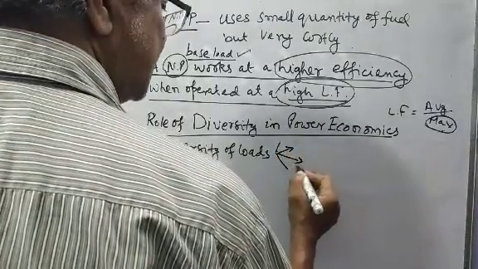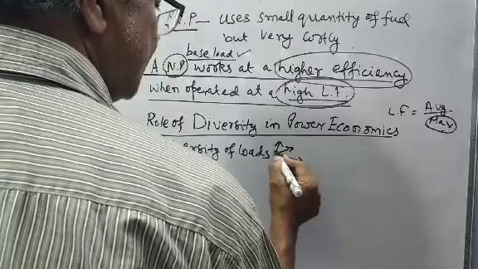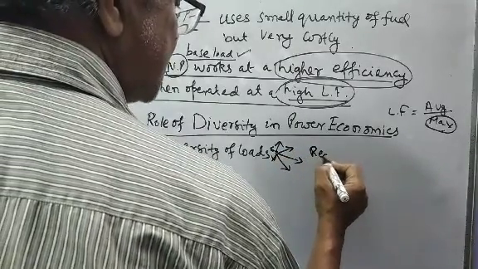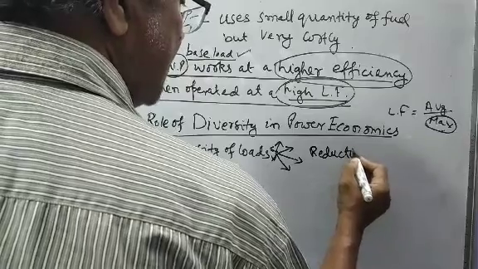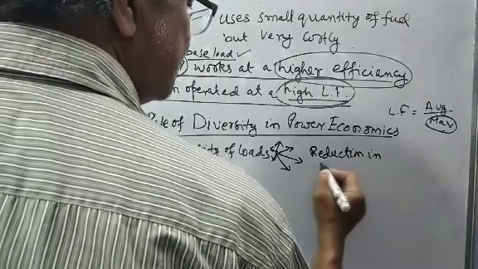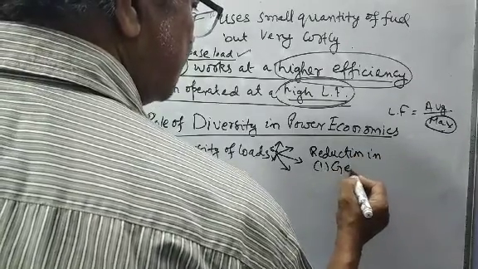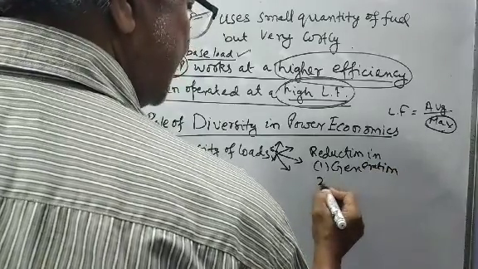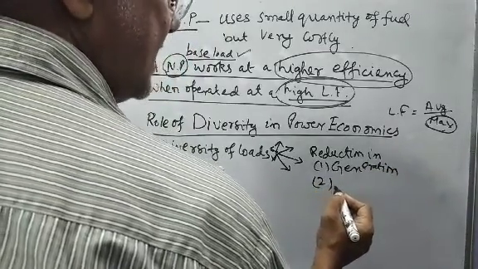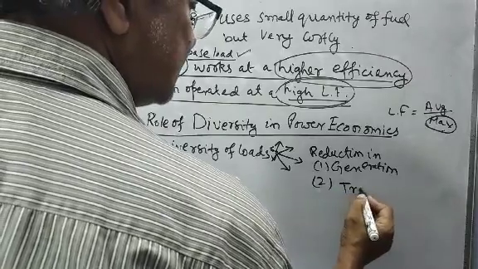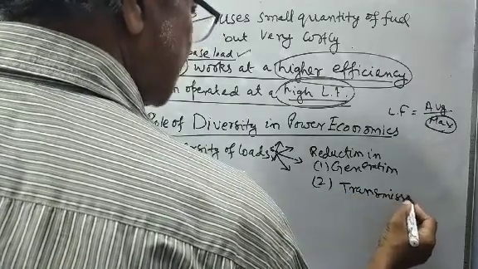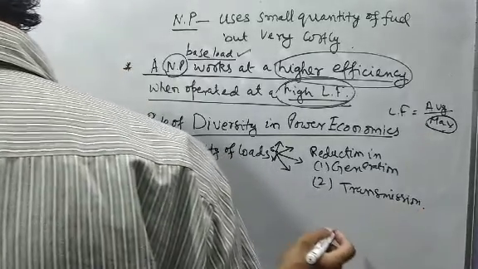If there is a diversity, I can send from different parts to different parts. Obviously, there will be a reduction in, number one, generation. So we always prefer an interconnected system: generation, transmission, and more.